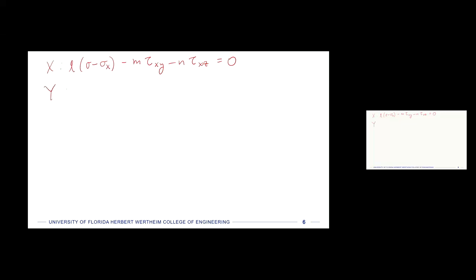And then in the y direction, we have minus L tau xy. This is also in the textbook if you don't want to write all of them down.